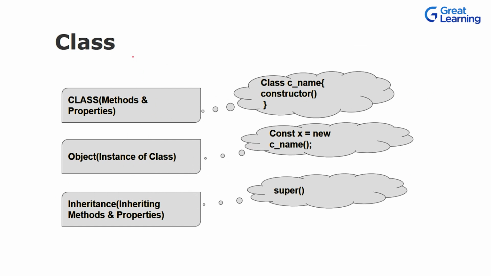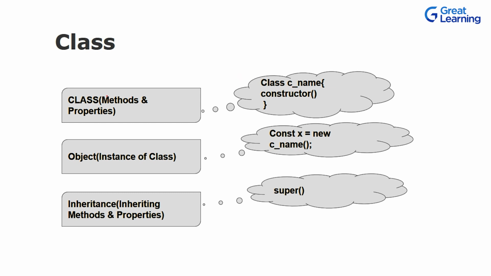Now let's talk about the class keyword. This is a keyword used for declaring classes, and a class is nothing but a blueprint, right? Let's suppose you are trying to build a house. For that, you need to know what things you require.